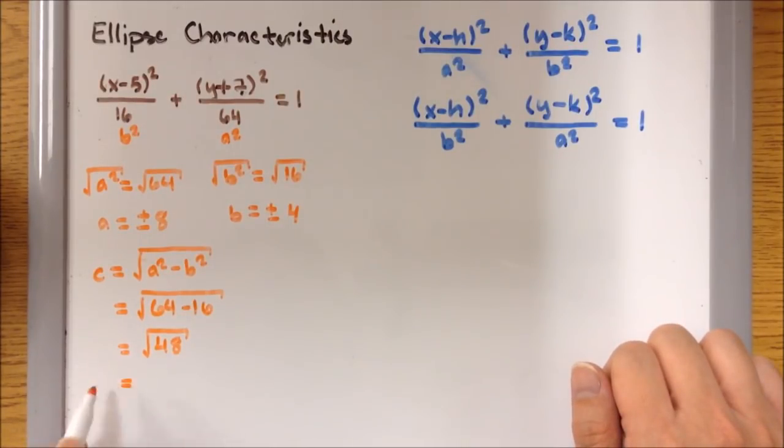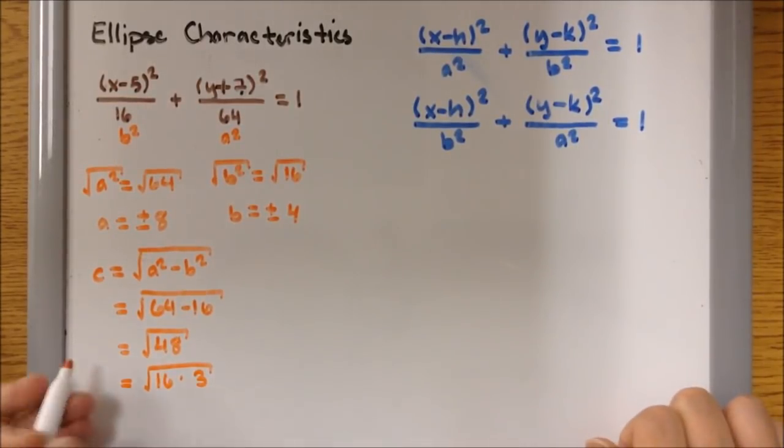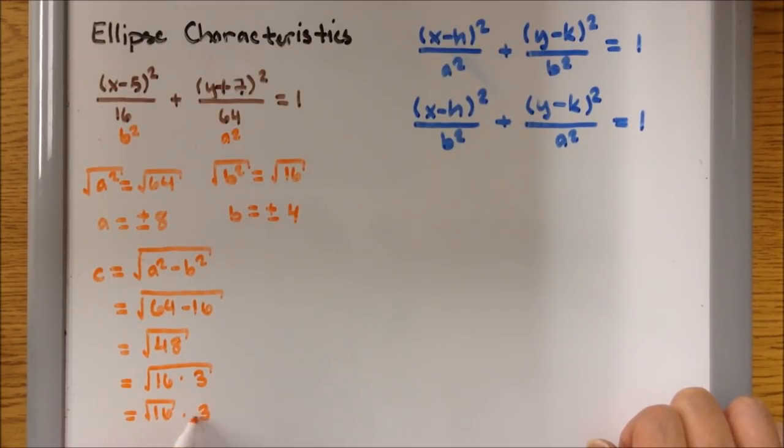So I'm going to break up into 16 times 3 for 48. Next I'm going to split up into the square root of 16 times square root of 3. So from there, the only thing I can simplify is the square root of 16, so it will become 4 times square root of 3, which will be 4 square root of 3. So that's going to be our c value.